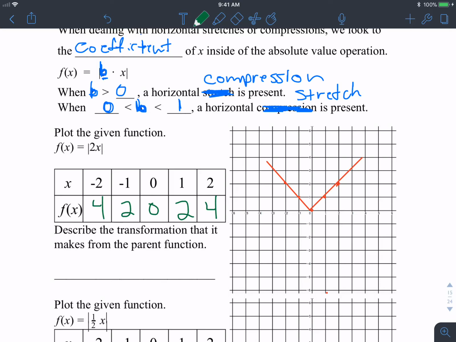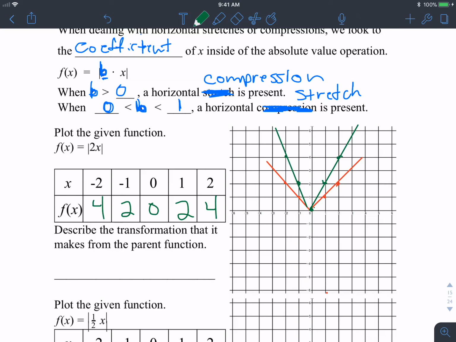And if we come over here and plot these points, we get 0, 0 here. Then we get negative 1, 2. And then we get negative 2, 4. And we get 1, 2. And we get 2, 4. And keep in mind, we're looking at this in regards to the y-axis now with horizontal stretch and compression, not the x-axis.